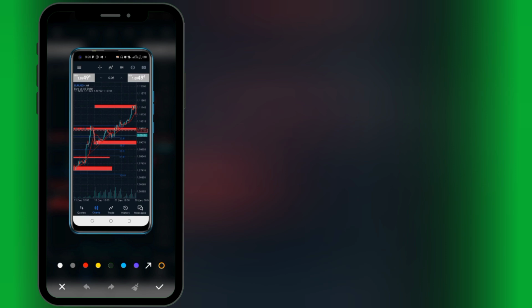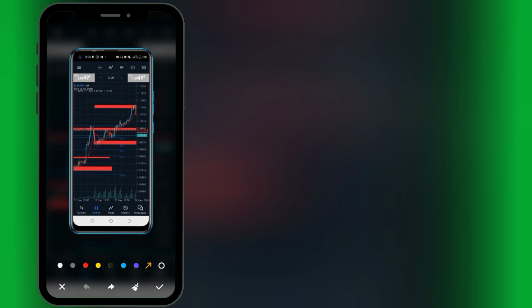And when the market got to this zone, I entered a buy trade around this area, and I set my stop loss below this level, and my take profit around here. I took just small profit, and the trade was a winner again.